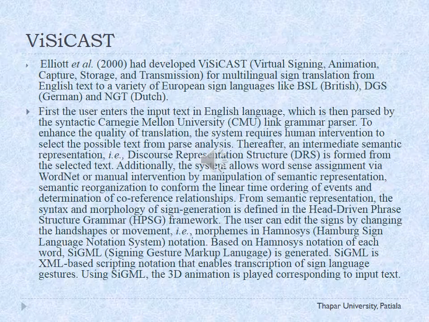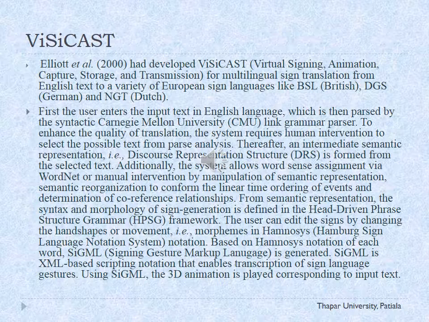So the next system is VisiCat. VisiCat was developed by Elliott in 2000 and it is used for European Sign Language conversion, like from English text to NGT for Dutch, DGS for German and BSL for British Sign Language. First of all, the user enters the input in English.